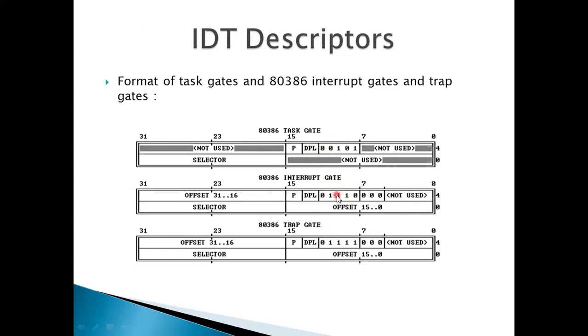When the interrupt gate is called, we have the next interrupt, or we disable further operations. And when the trap gate is used, we allow further instructions with which we can proceed, operations which we can do. So that is allowed in the form of a trap gate.